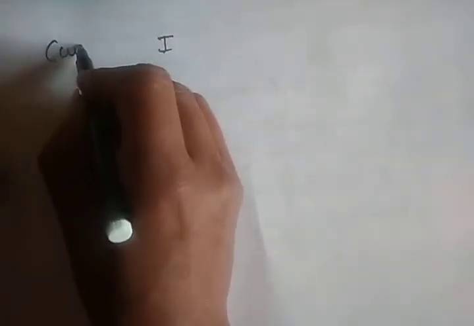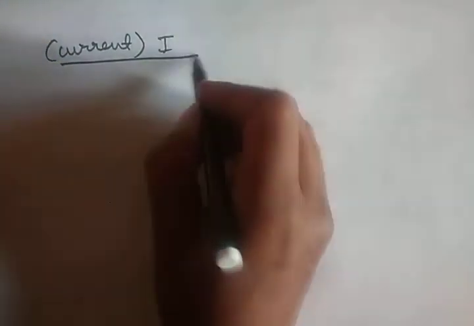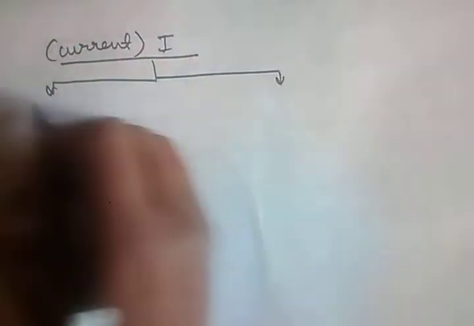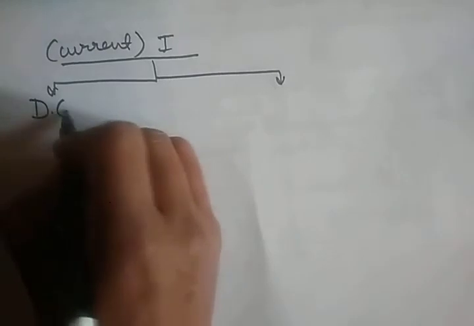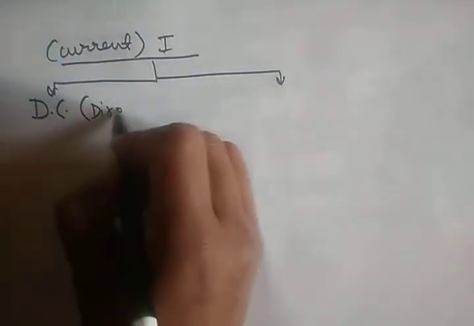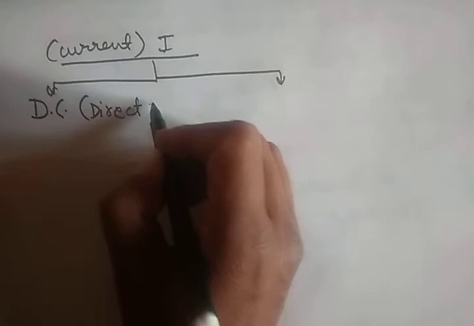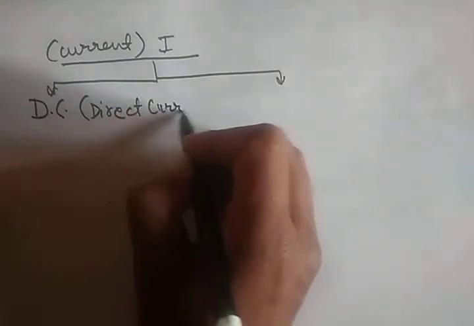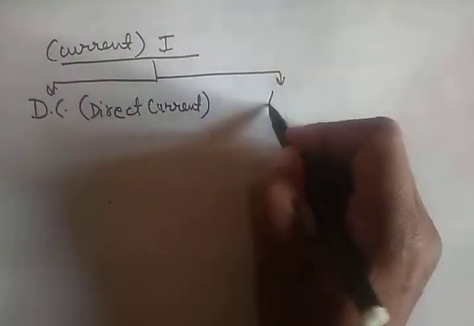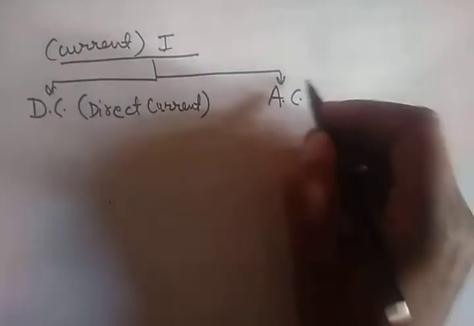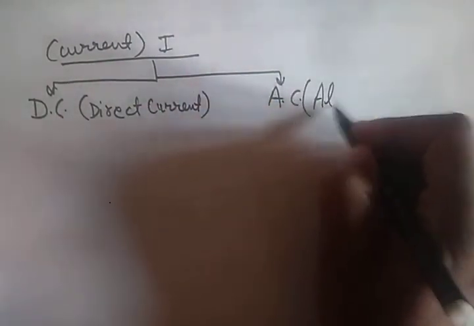So, we can divide current into two parts. One is DC, which is called direct current, and other is AC, that is not air conditioner, it is called alternating current.